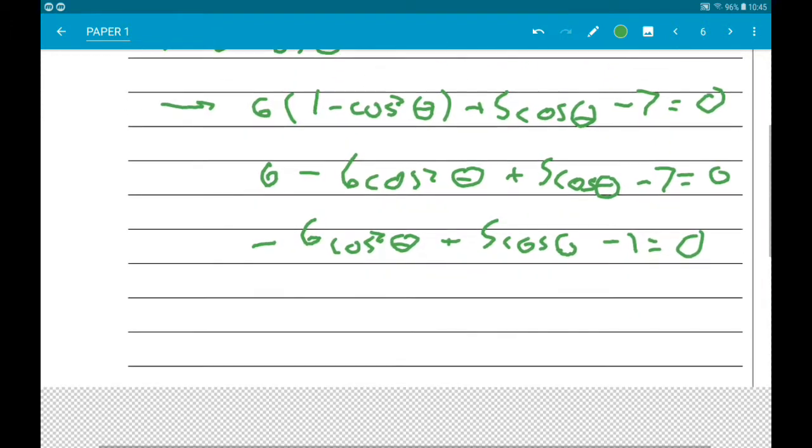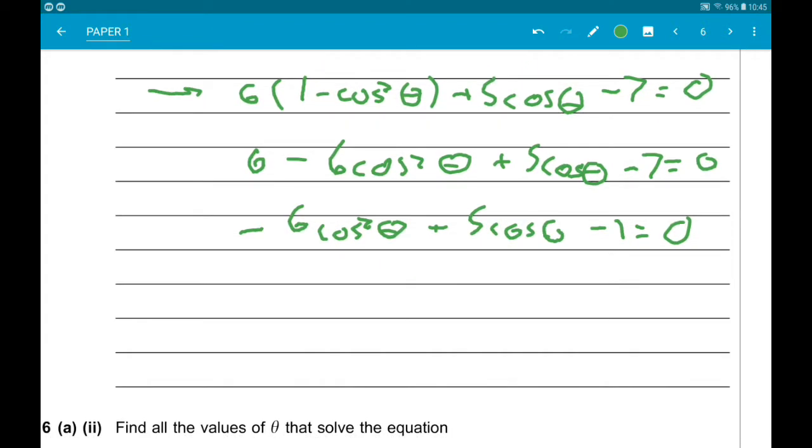Now we don't really want a negative squared term, so multiply through by minus 1, and we get 6 cos squared minus 5 cos and 1 is equal to 0.